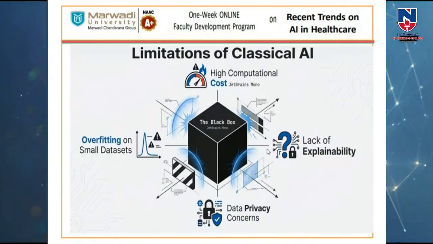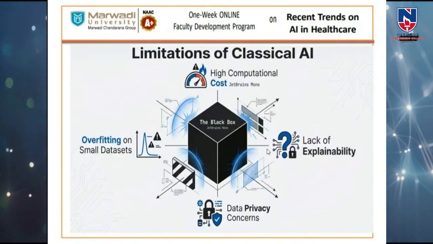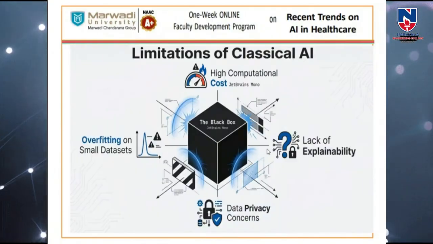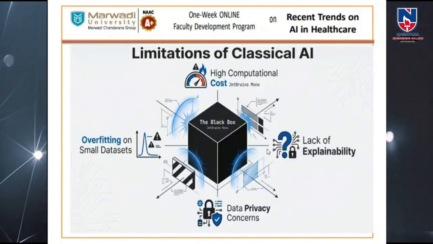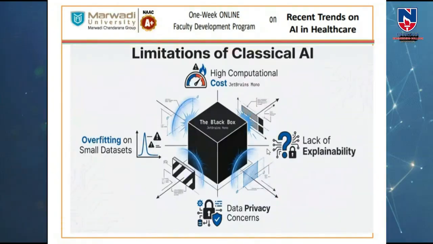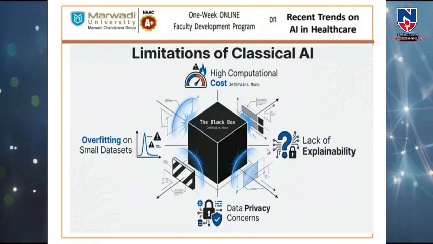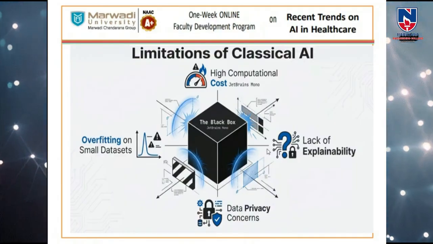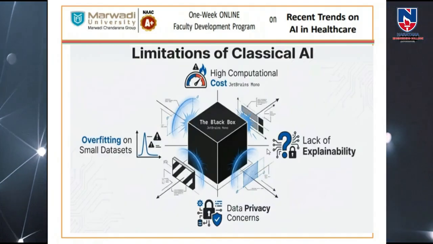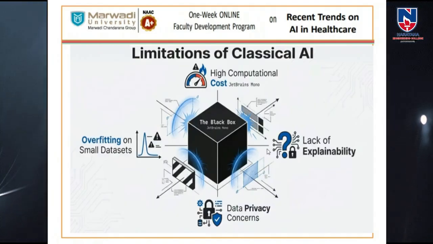As I mentioned, what are the limitations? It needs large data sets. But using large data sets means a high computational cost. And if you consider a low data set, the accuracy will come down, and there is overfitting.